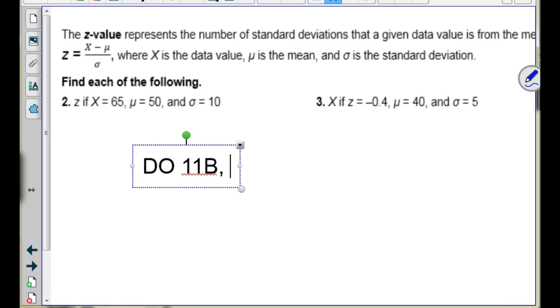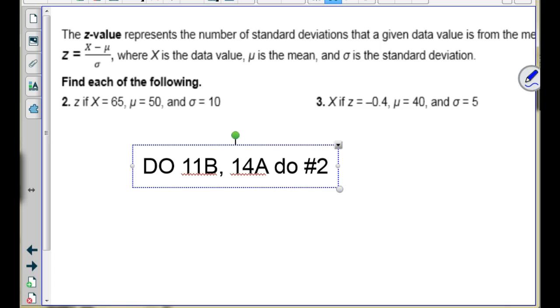And then on page 14, I just want you to do number 2 and number 10, so that you get a little practice with this normal distribution stuff. And then we will do some more normal distribution because that's a huge concept, and talk about z-scores when we're back from break. And then we're going to move on and talk about probability and permutations and combinations and all kinds of stuff.